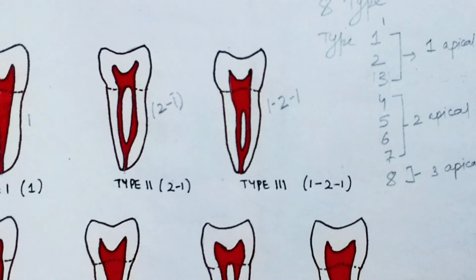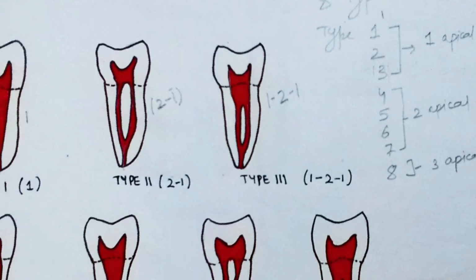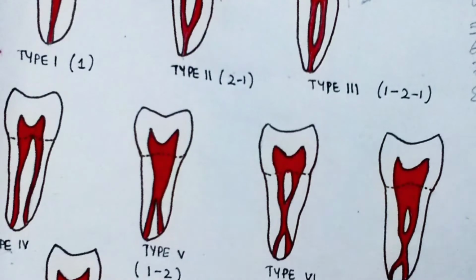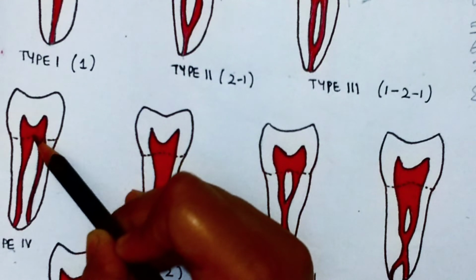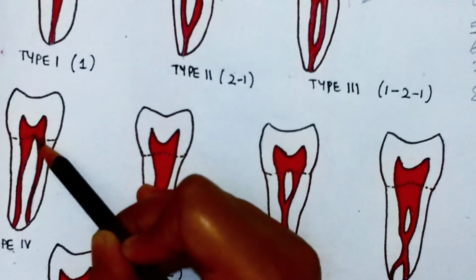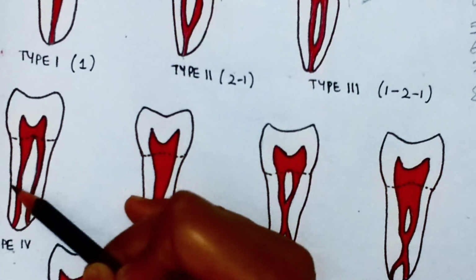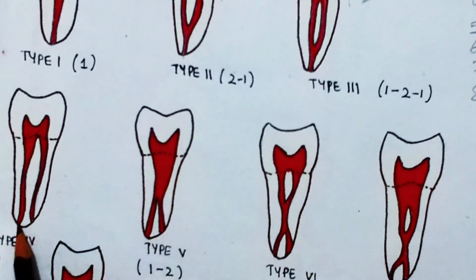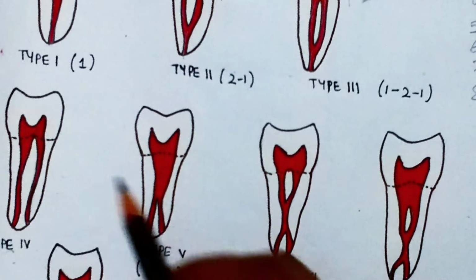Now next we will come to the second group, which I have divided from 4 to 7. This class will have 2 apical foramen. In type 4 we can see that we have 2 canals emerging from the pulp chamber, and they exit as 2 different canals from 2 different apical foramen. So we represent it simply as 2.